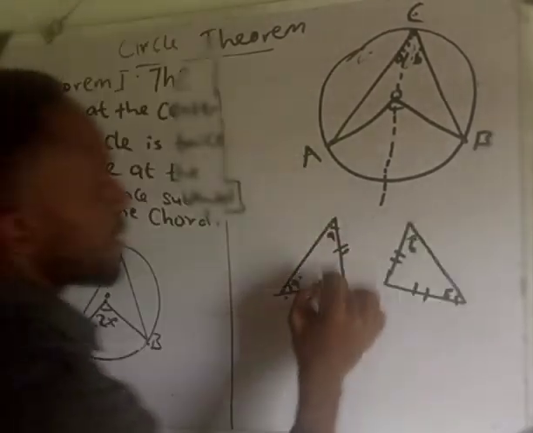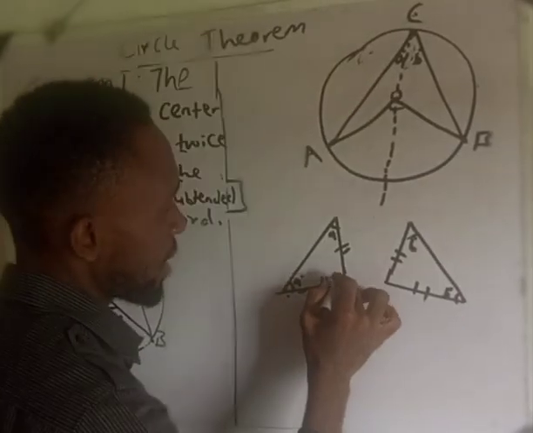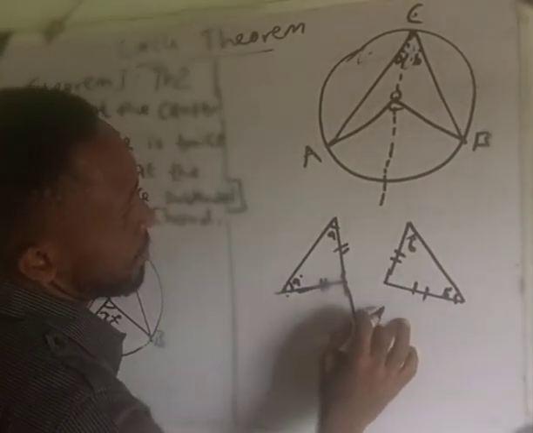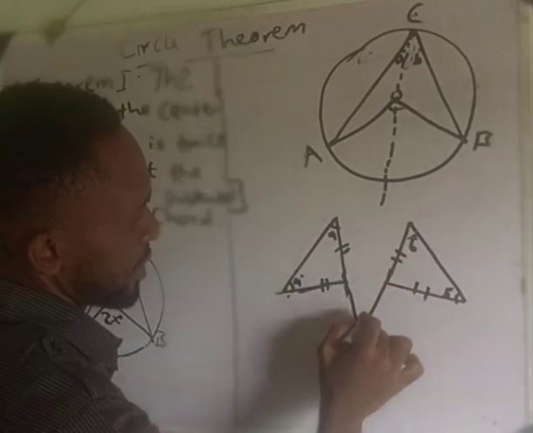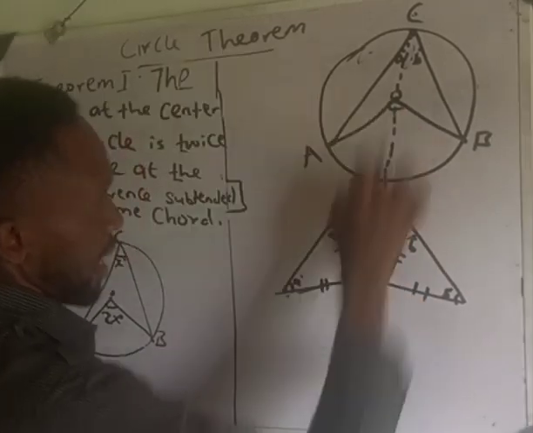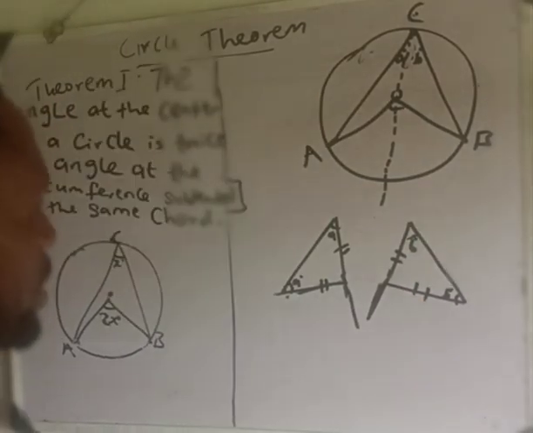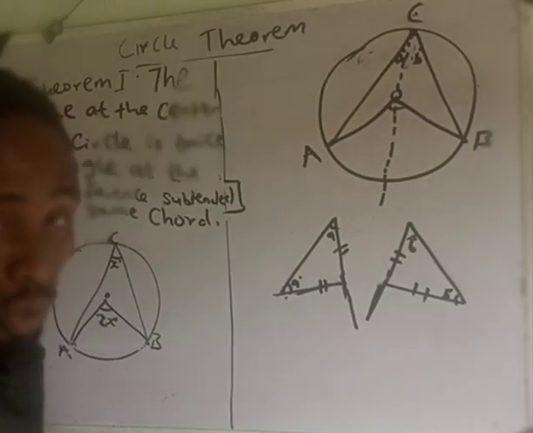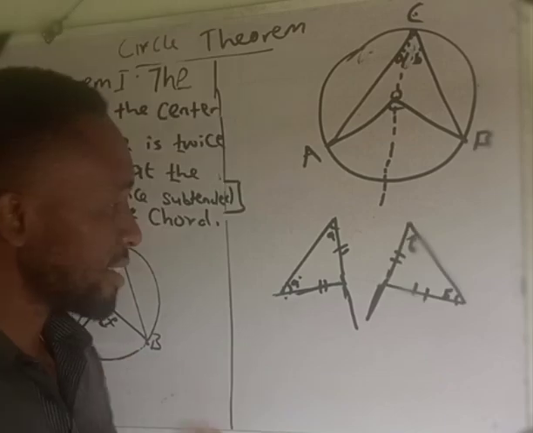Now, remember, this line, when I drew it, I kind of extended it a bit, right? That's also what we have here. I kind of extended this line a bit. I knowingly did that. Now, the total angle in a triangle is 180 degrees.